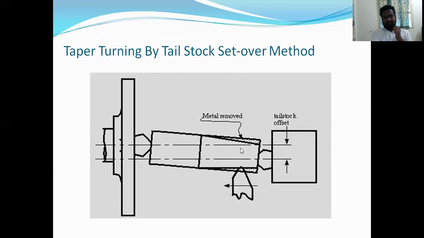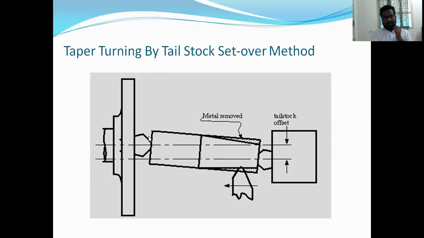So we have some distance between the spindle axis and the tailstock axis. This movement is called the tailstock set over method, set over, or it can be called offset. This distance is called tailstock offset or set over.